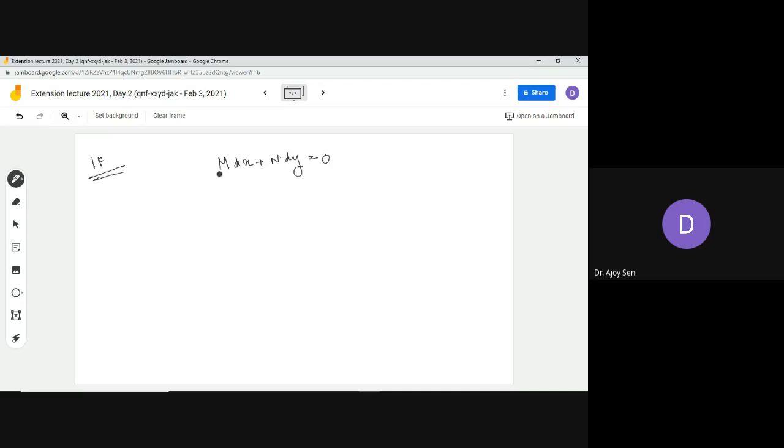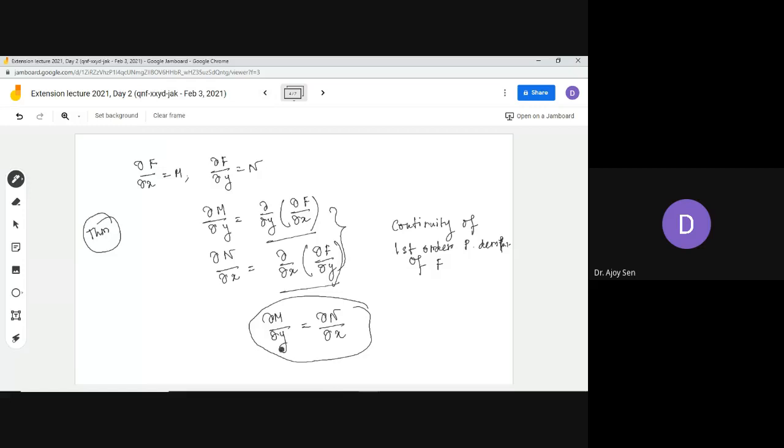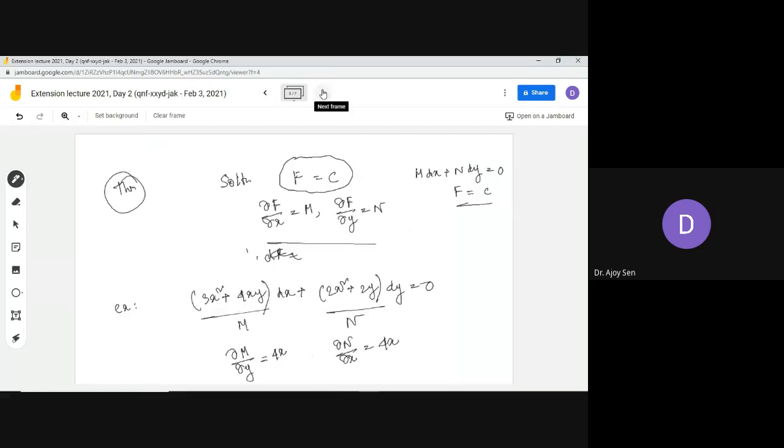Integrating factor means if you have an equation of this form which is not exact. Not exact means you can't find such a function f, or you can use the first theorem and check that del M del y is not equal to del N del x. So this equation is not exact.